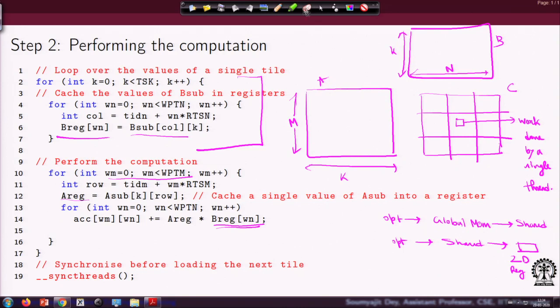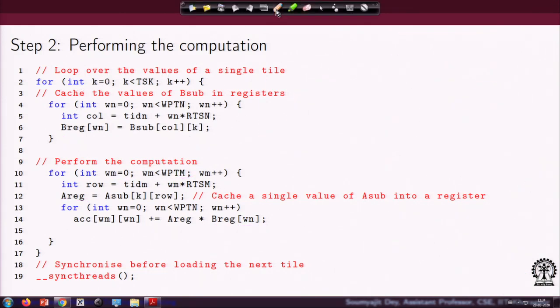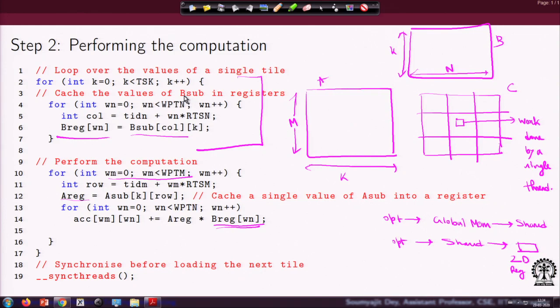As you can see, inside this loop, for one value of k, you are first making a sequence of loads from this B sub to here, and that is the activity for this thread.